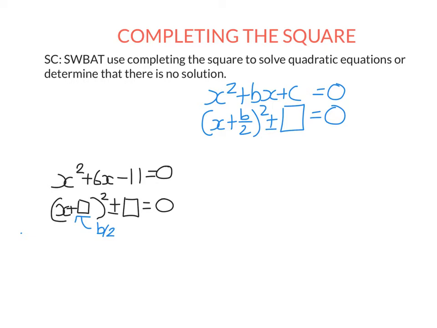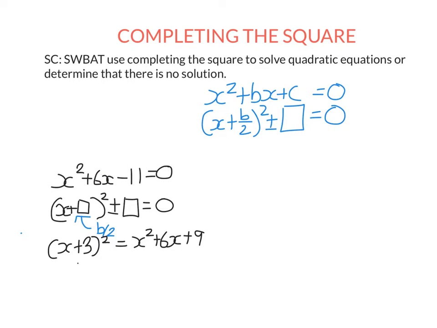So I want to write this as x plus 3 all squared. Now the thing is, x plus 3 all squared is x squared plus 6x plus 9. So you can see that in x plus 3 squared, the first two terms are right, but the last term is different. So I want to write this so it looks like this.